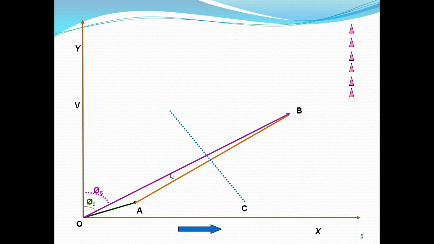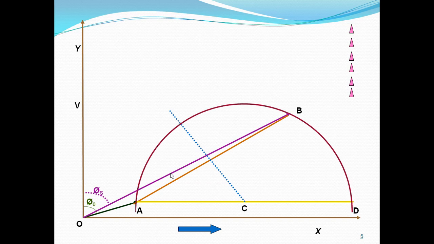This will cut the horizontal line AD drawn from A at C. With C as center and CA as radius, draw a semicircle ABD like this.